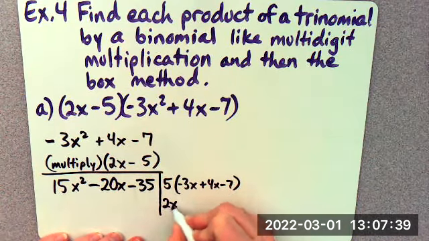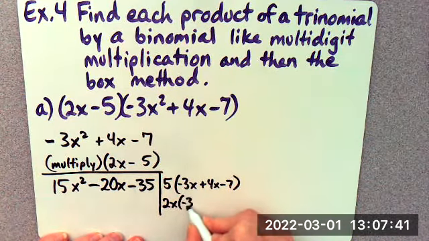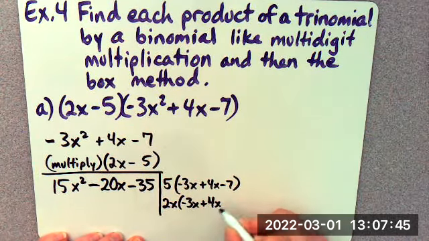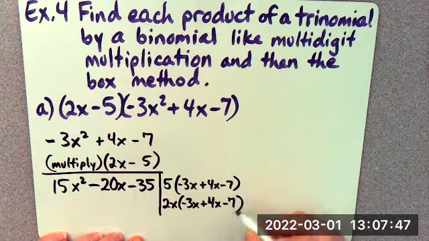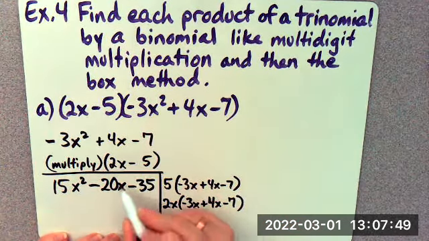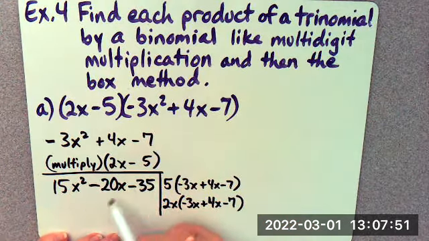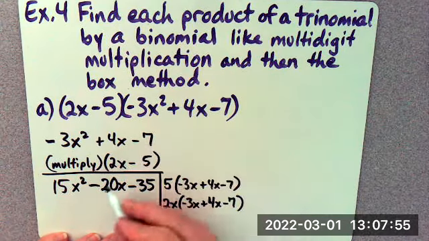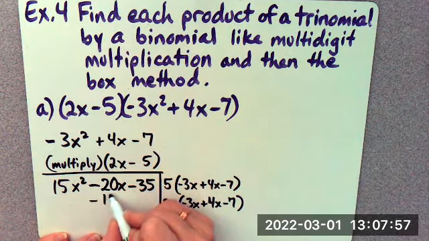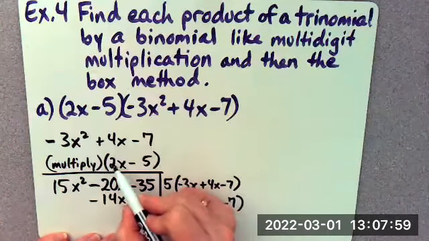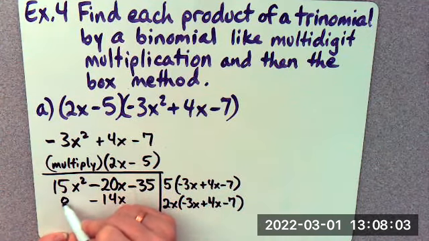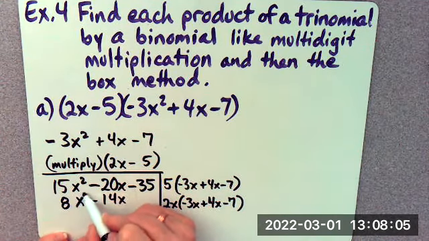So we have 2x and then negative 3x squared plus 4x and then minus 7. So we're going to put like terms right under each like term. So we have 2x times negative 7 is negative 14x. And 2x times 4x gives me 8x squared.